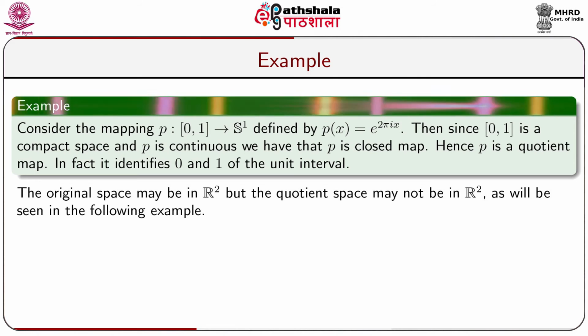This shows that p is a closed mapping and therefore p is a closed continuous surjection, which shows by the previous lemma that p is a quotient map. In fact, under this map 0 and 1 have been identified.